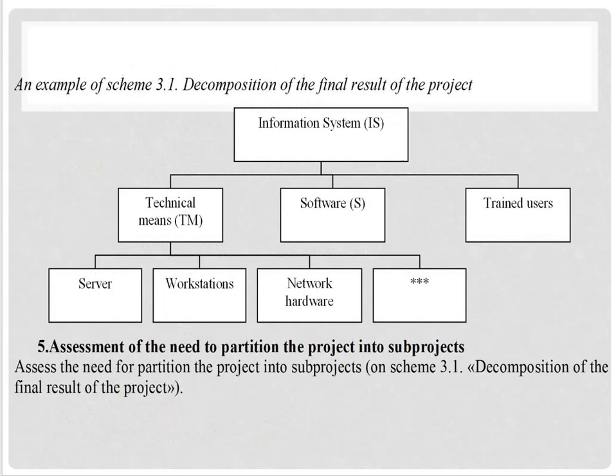The example of a scheme you can also see on a slide. And fifth, assessment of the need to partition the project into sub-projects. Assess the need for partition the project into sub-projects on a scheme and fulfill it.